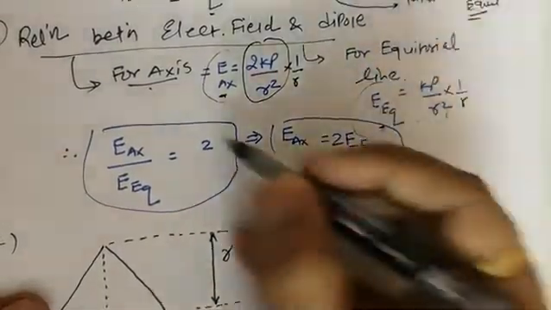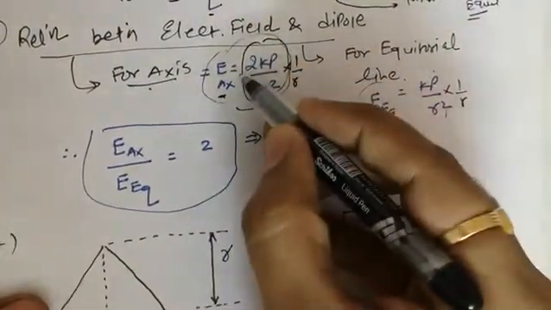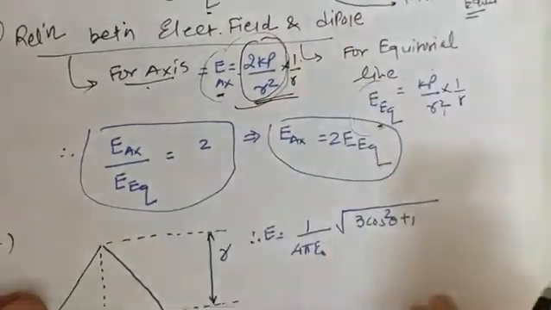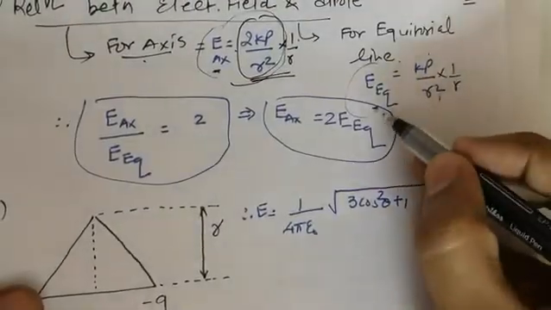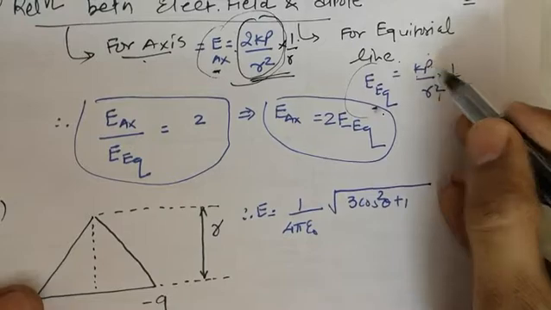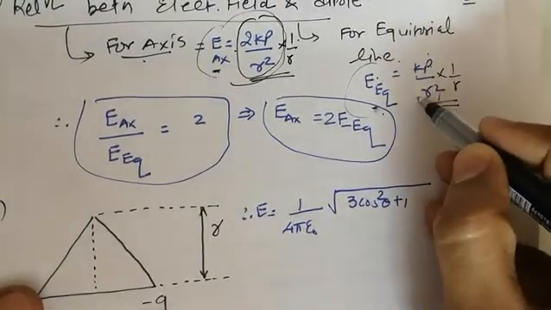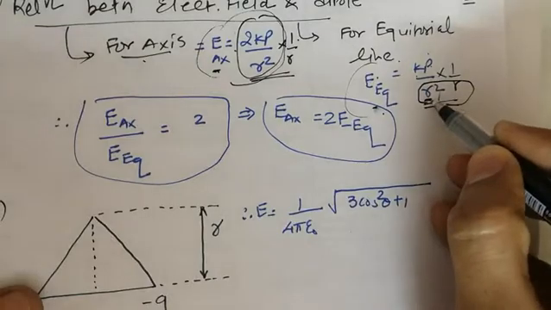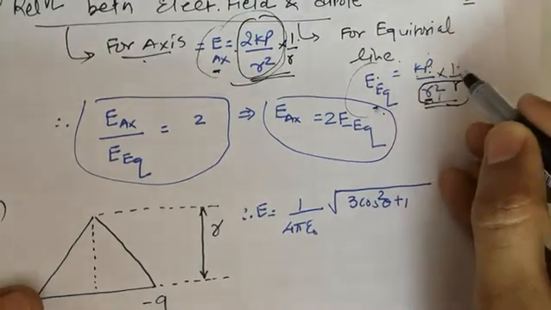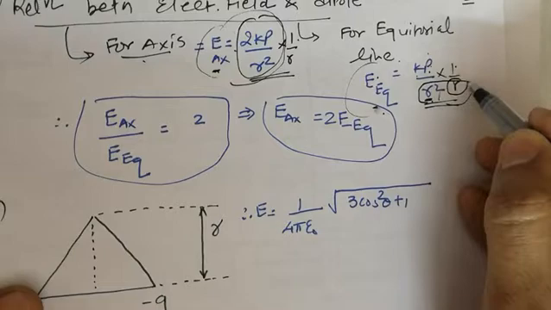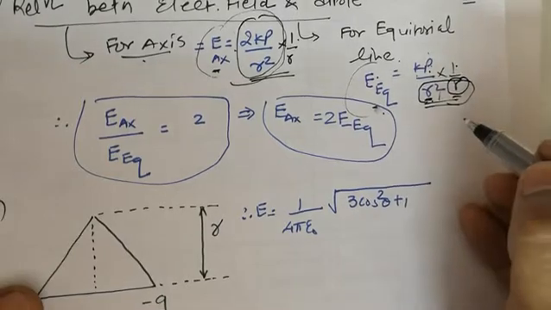So the electric field formula on the axis is 2kp by r cube, and for the equatorial line, the electric field and dipole formula is kp by r cube. Mind well, the normal formula I placed previously was r square, but whenever a dipole is there, it increases your denominator by one more power of r, the distance.